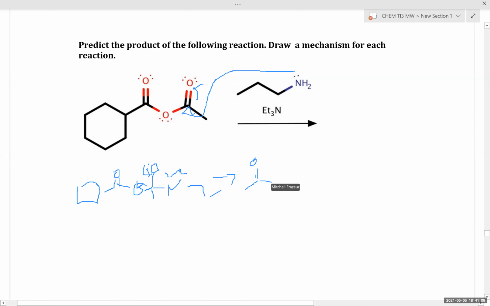From here, we generate a tetrahedral intermediate, which collapses. And that gives us our corresponding amide product. As a cleanup step, we're going to pull off a proton with triethylamine to get our neutral isolable amide product.